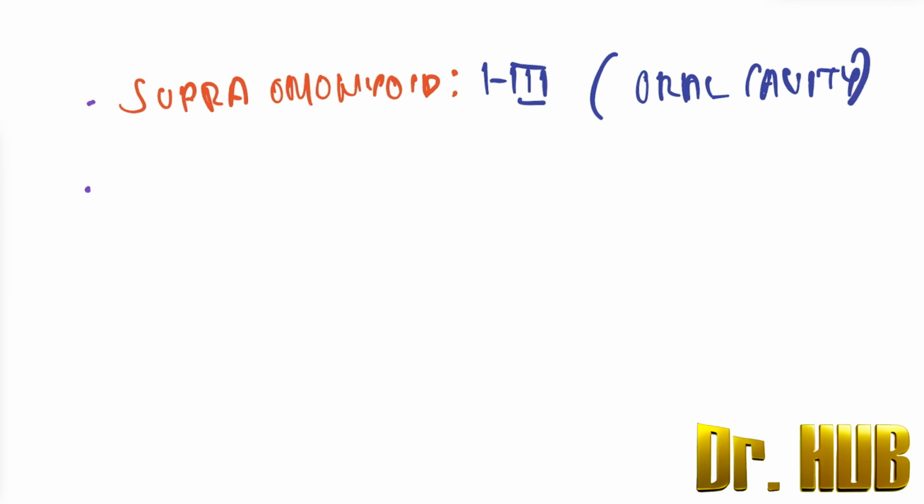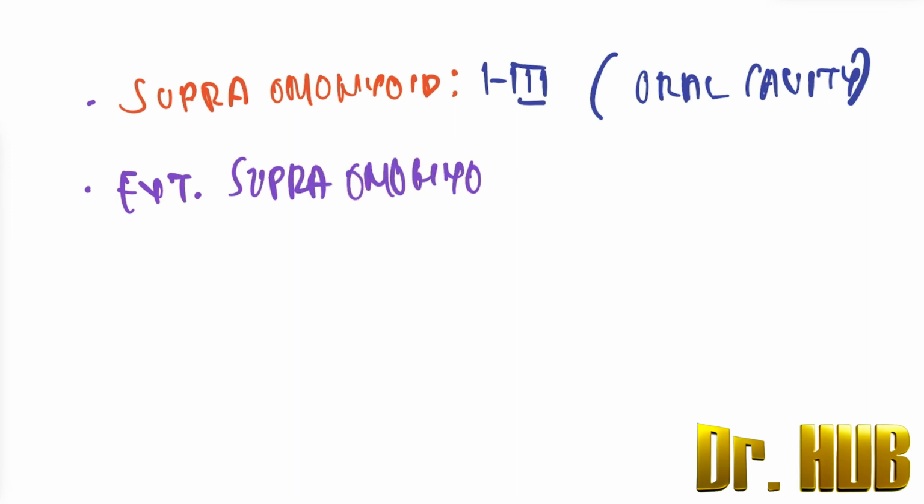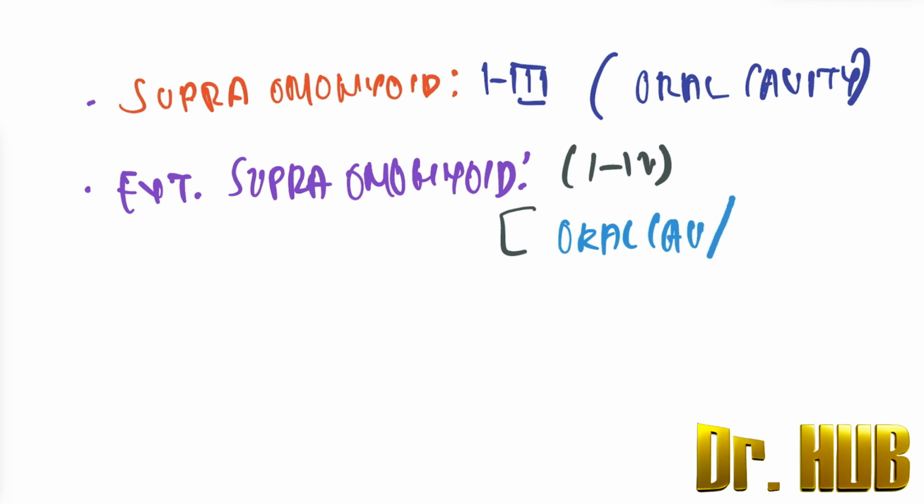Then the extended supraomohyoid includes lymph nodes 1 to 4, and the primary site of cancer is the oral cavity as well as the oropharynx.